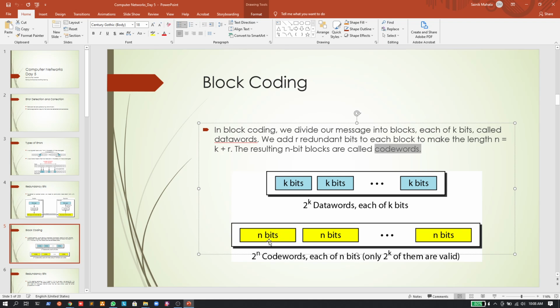The length of the code word will be n, where n is equal to k plus r, where k is the number of bits in the data word, and r is the number of redundant bits that we are adding.